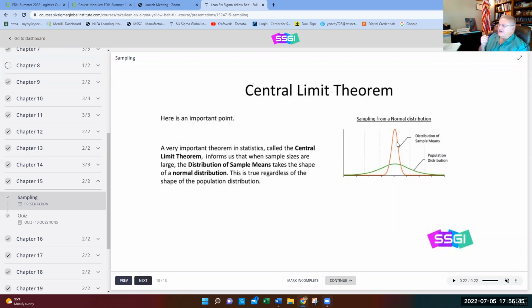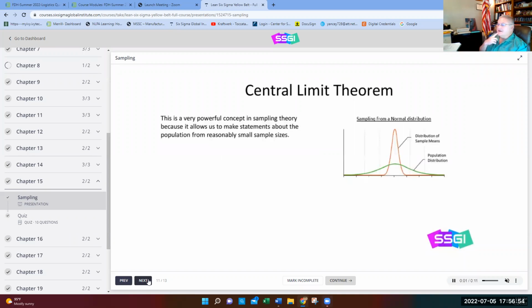But this sample is telling us how many people were in it and what their responses are, or what their ages are, or what their answers were. And so it's allowing us to make statements about a population from a small size, like 30. We can make an estimate or a guesstimate on how these people within that sample felt about it without talking to everybody.